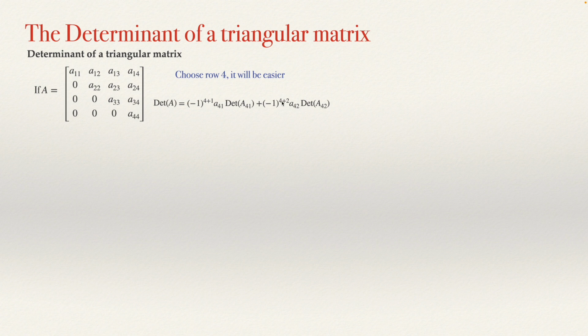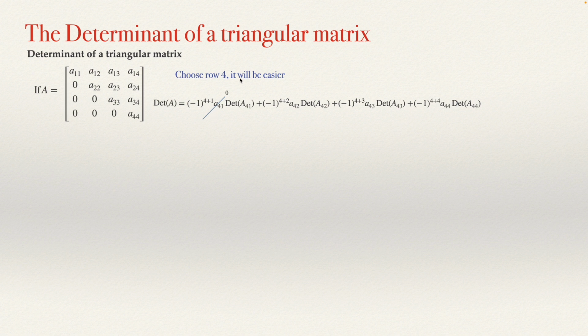Plus minus 1 to the 4 plus 2, A42, determinant of M42. Check that we are just following the definition. Plus minus 1 to the 4 plus 3, A43, determinant of M43. And finally, choosing the last element, minus 1 to the power 4 plus 4, A44, determinant of M44. And A41 is 0, A42 is 0, A43 is 0.